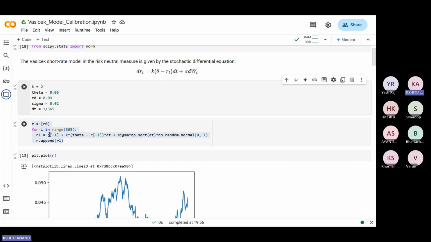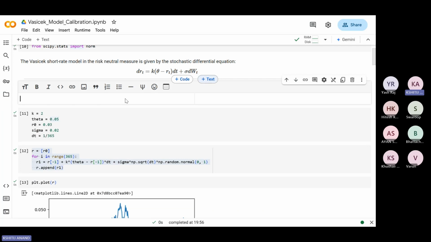Now, as we already know, dRt is equal to k into theta minus Rt, dt plus sigma dWt. So once you know R naught, you can calculate R1, right? How can you calculate R1? You can calculate R1 by adding R naught plus dRt. So basically, R1 will be nothing but R naught plus dr, right?